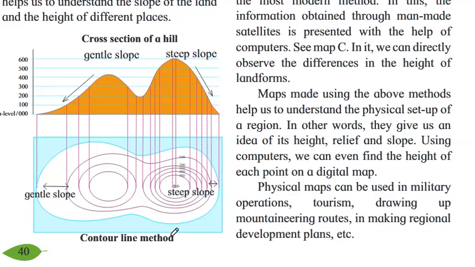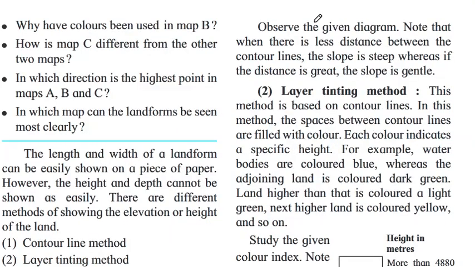Contour line method. Observe the given diagram. Note that when there is less distance between the contour lines, the slope is steep, whereas if the distance is great, the slope is gentle.